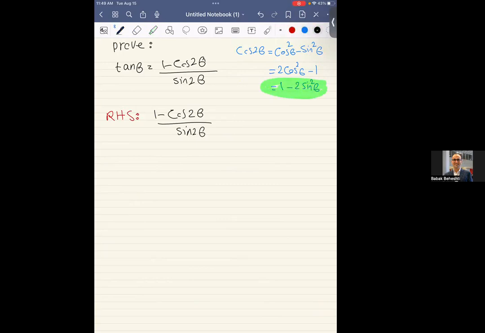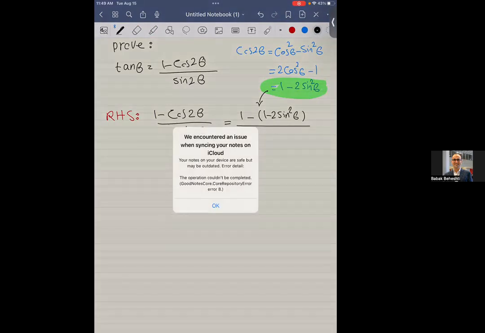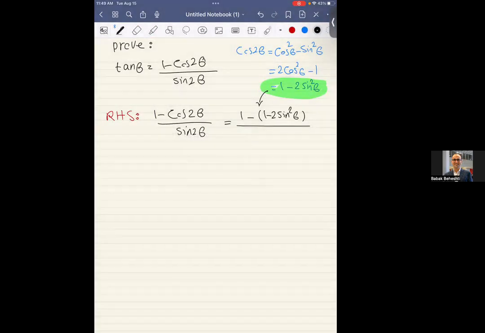If you plug it in, you get 1 minus (1 minus 2 sine squared theta) divided by sine 2 theta. Also remember that sine 2 theta is 2 times sine theta times cosine theta.